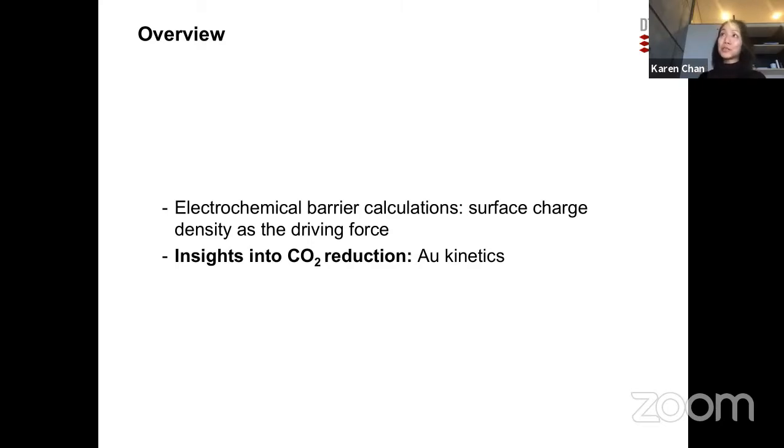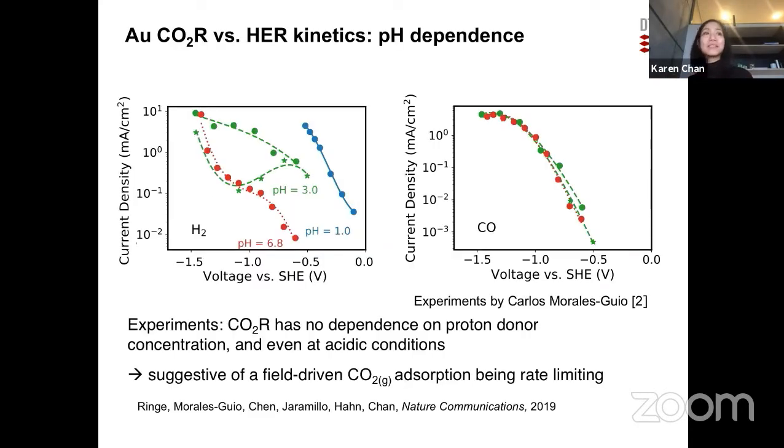Gold reduces CO2 to CO, which is only a 2 electron transfer, so it's a really simple model system. But we can translate the insights from that to C2 product production on copper as well. Let us start with some experiments done by Carlos Morales' group in Chris Hahn and Tom Jaramillo's group. Shown here are the current densities as a function of voltage for both hydrogen and CO, on an SHE scale, so this is a sort of absolute potential scale.